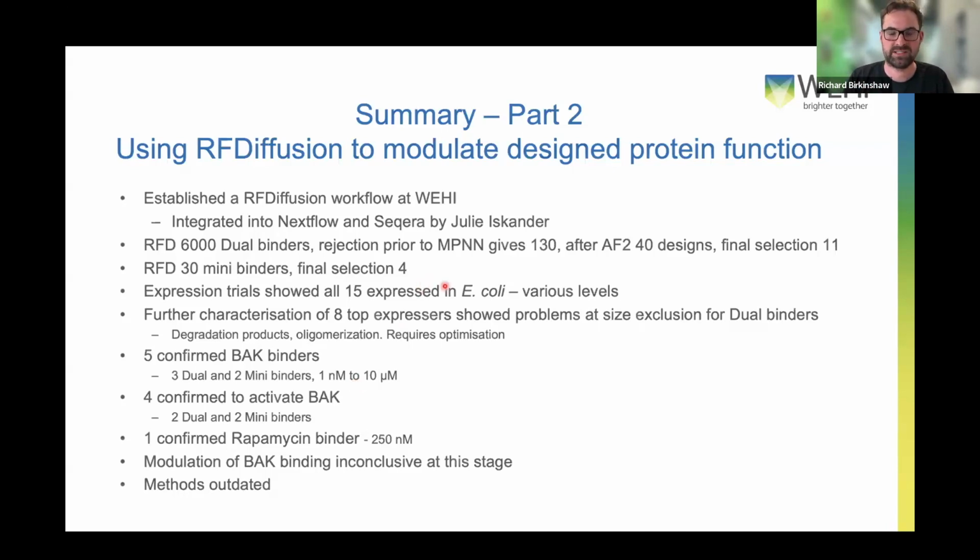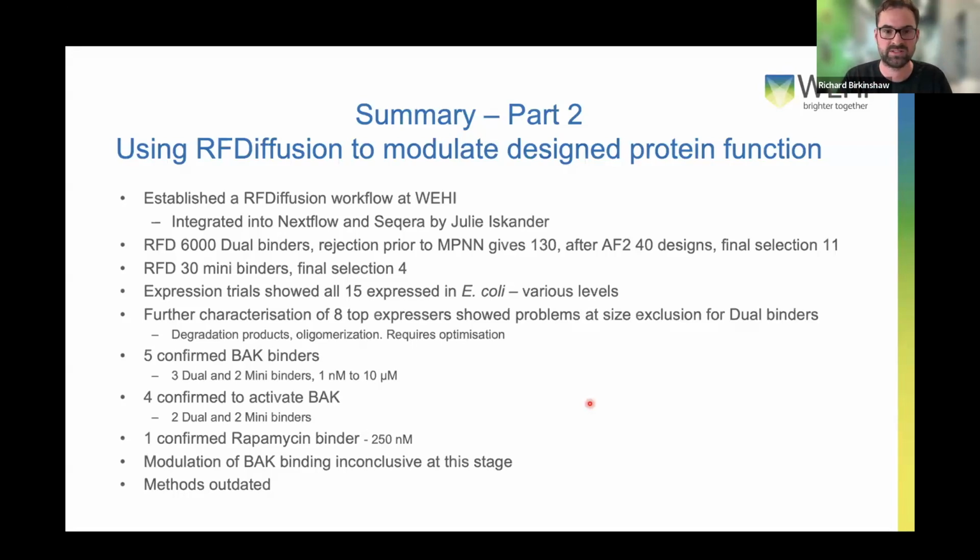In this project, we designed initially 6,000 dual binders. We narrowed this down quite heavily to 130 after MPNN. And then after AlphaFold 2, we were able to further refine this down to around 40 designs before finally selecting around 11 or so for actual expression. We also created these mini binders.